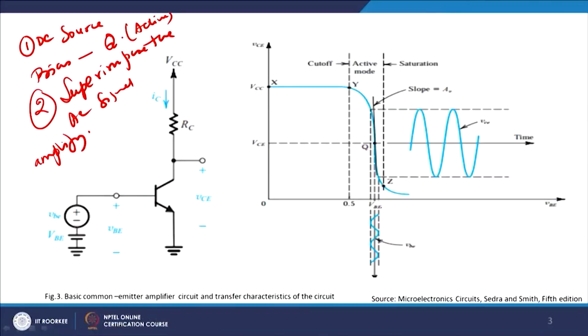What is the AC signal here? The blue one, if you see here, is my input AC signal, and you are giving it as VBE, the base to emitter voltage change.